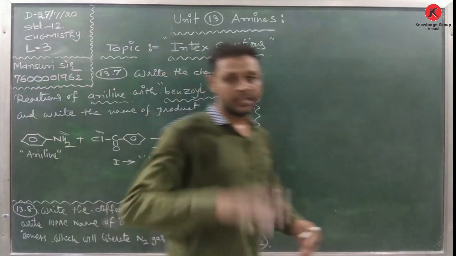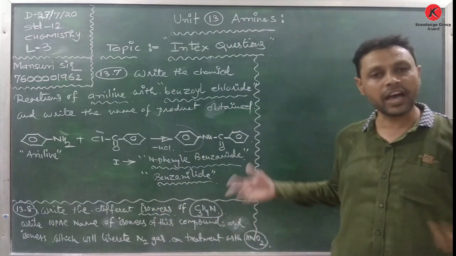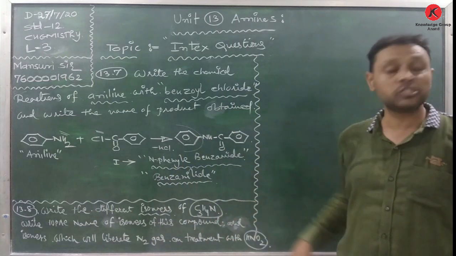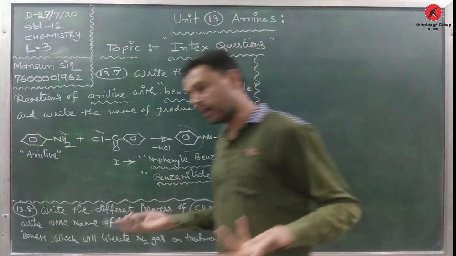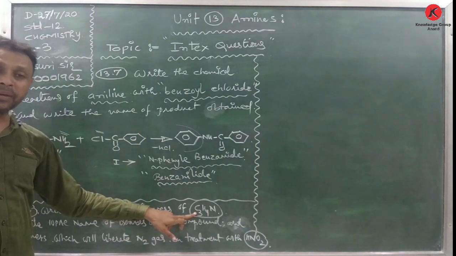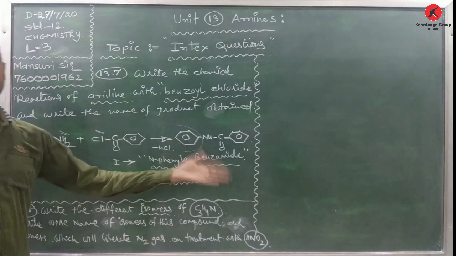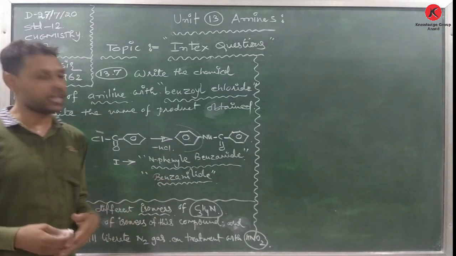First of all we have to find out these 4 or 5 or whatever C3H9N isomers. We don't know which one liberates N2 gas with HNO2. First of all we have to make some isomers of C3H9N.